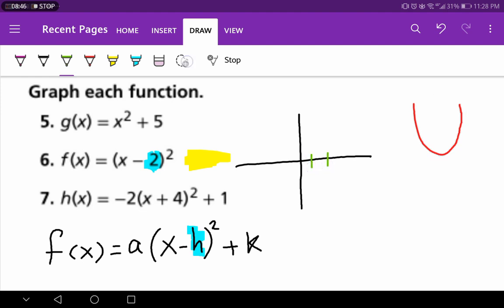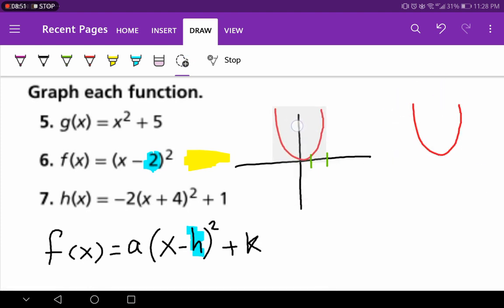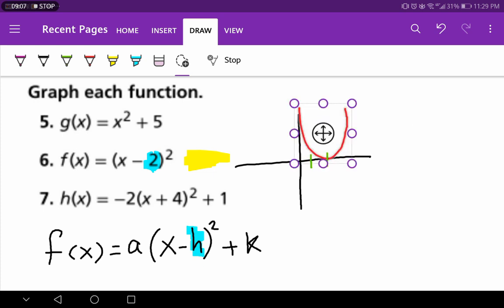So the parent actually was here, and because in this equation, x minus 2, the h equals 2, it asks me to move 2 steps to the right. That means if it is negative, teacher, I have to move to the right, yes. Are you happy with that? Me too. Let us move to the last one.